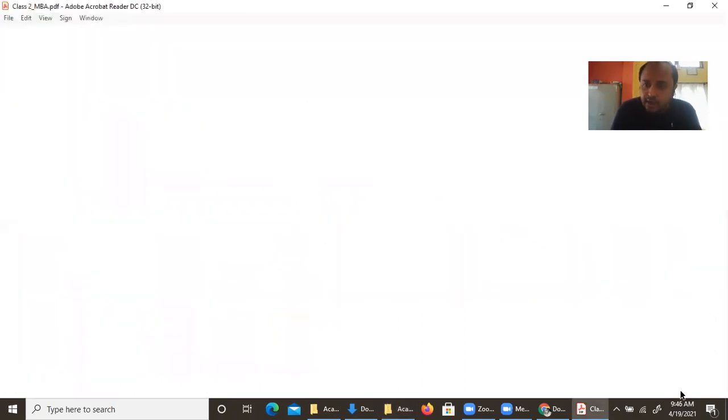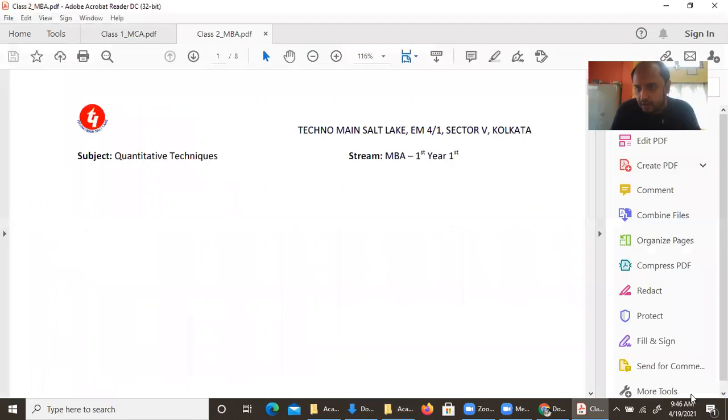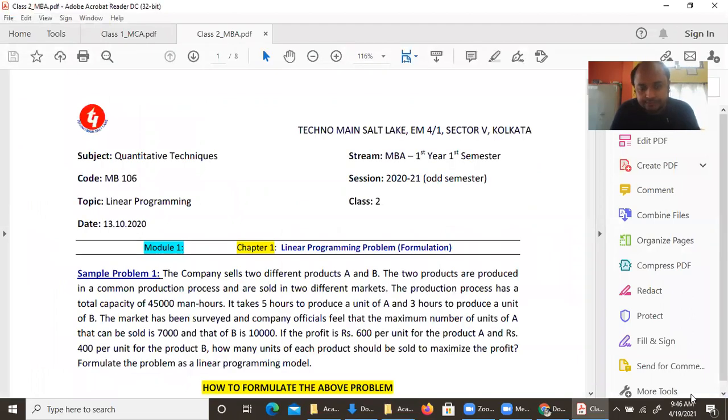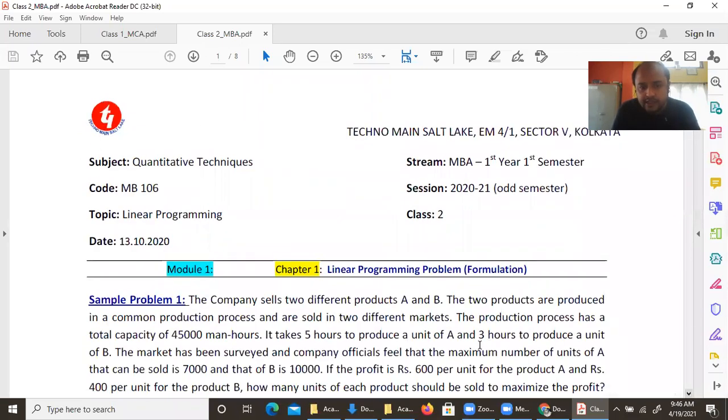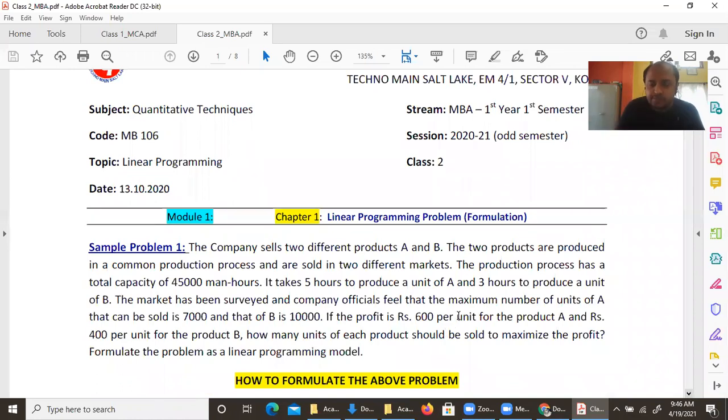They also had operations research in their syllabus. So I consider this note for them, formulation, and I shall redesign this particular note. I will change some headings over there, and I'll share this note with you also.